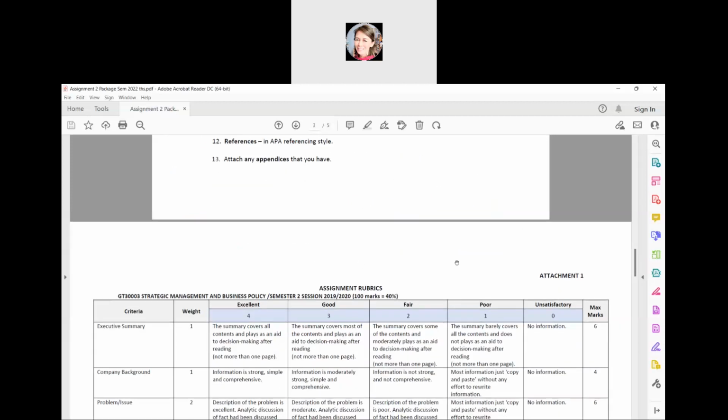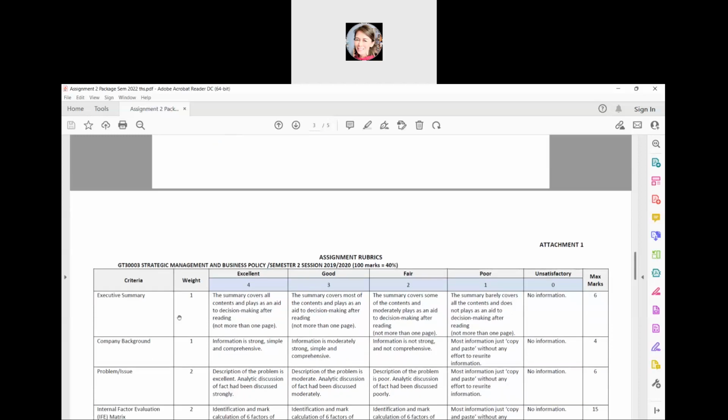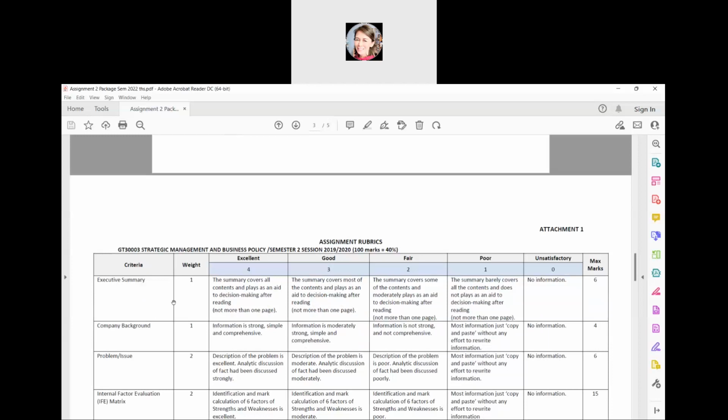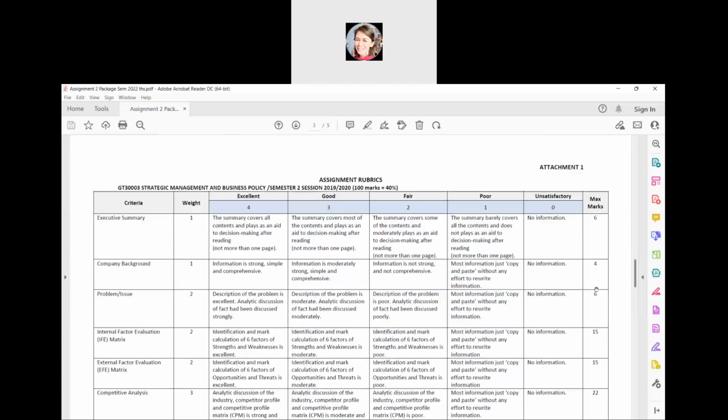Now we have also come up with the rubrics for this case analysis. It's right here. Executive summary, the weight is 1, and the marks all translate in here. What you need to pay attention to in order to have an excellent, good, fair, or poor response.